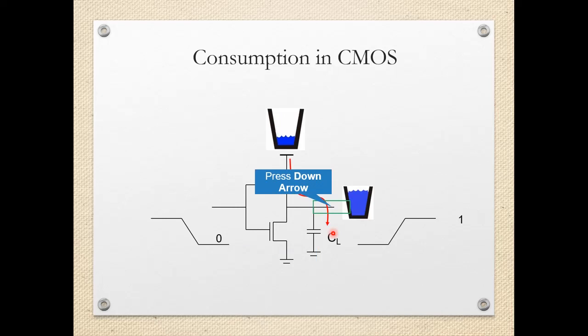As the P MOSFET is on, there is an electrical path for current from VDD through the P MOSFET to the load capacitance, and this load capacitor will start charging. So the energy which was there is now consumed and stored across the capacitor CL.